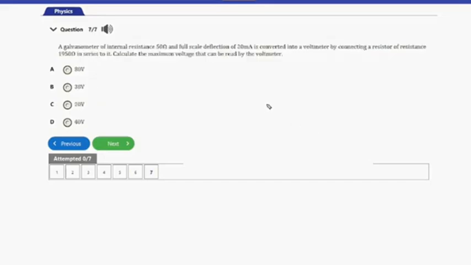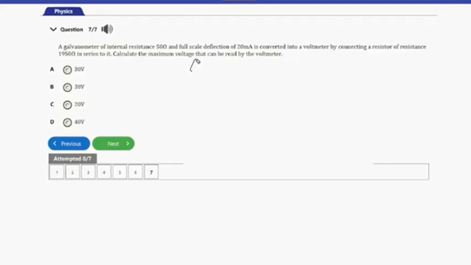It says a galvanometer of internal resistance 50 ohm and full scale deflection of 20 milliamps is converted into a voltmeter by connecting a resistor of resistance 1950 ohms in series to it. Calculate the maximum voltage that can be read by the voltmeter. So guys, V is equal to IR, and V here is equal to sum of IR for the galvanometer and that of the resistance.